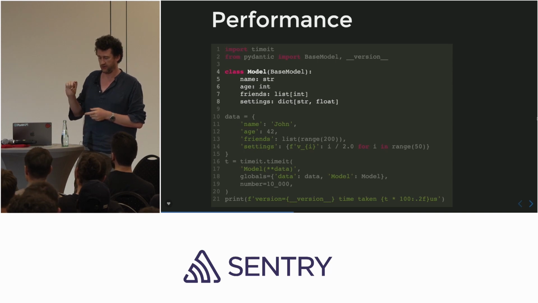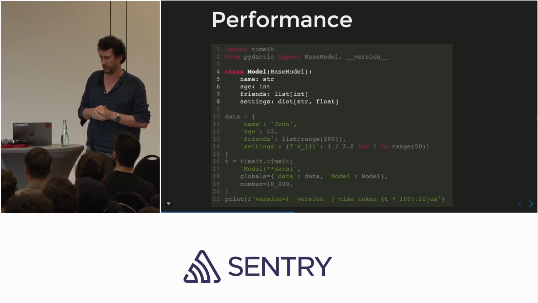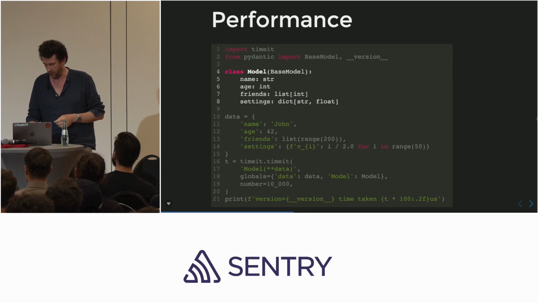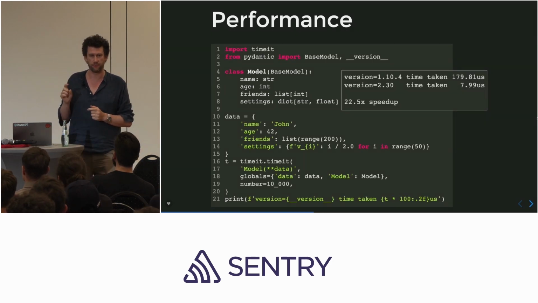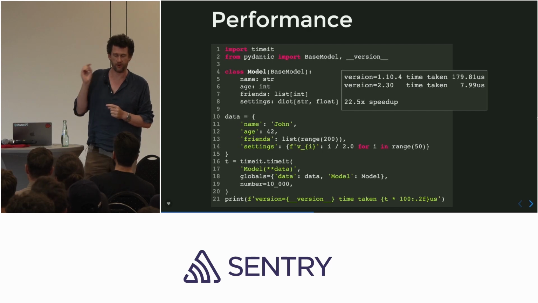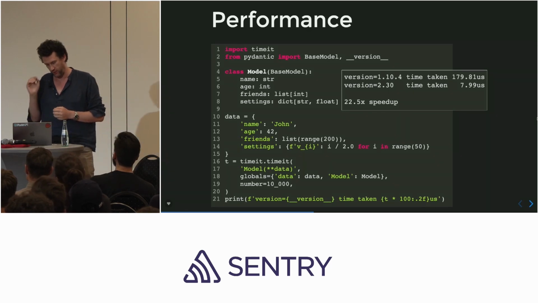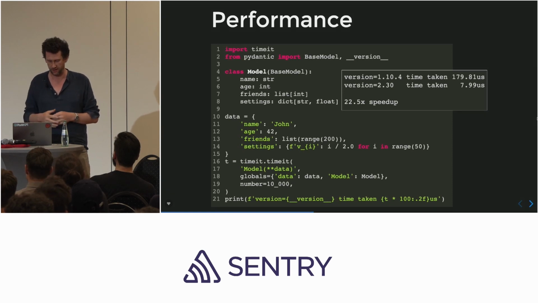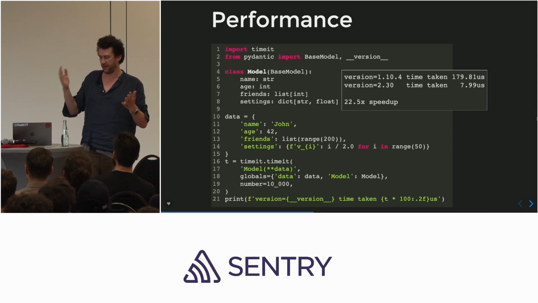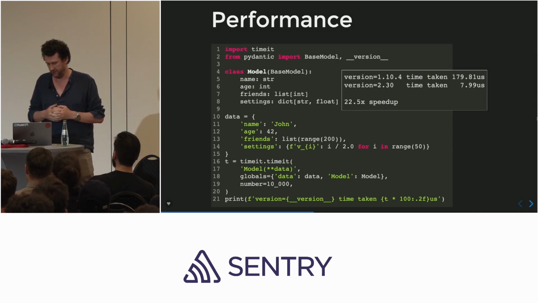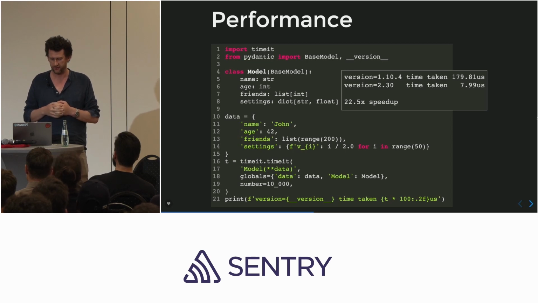This code runs unchanged with Pydantic v1 or v2, and sure enough, you go and run it, and you get a 22 times speed up for just upgrading the version of a library. That's not 22% or 2x, that's a 22x speed up just by up-revving the library, which is massive. I don't think any other library has done a bigger rebuild post v1 in the Python ecosystem that I can think of.